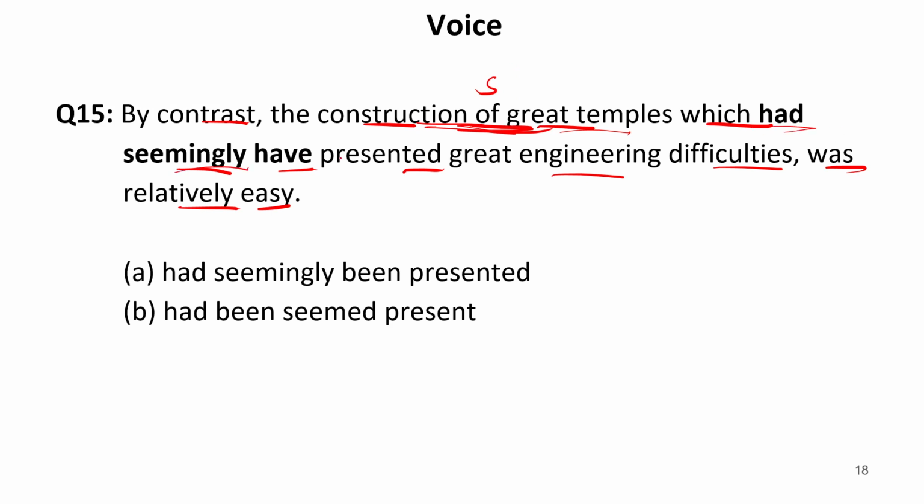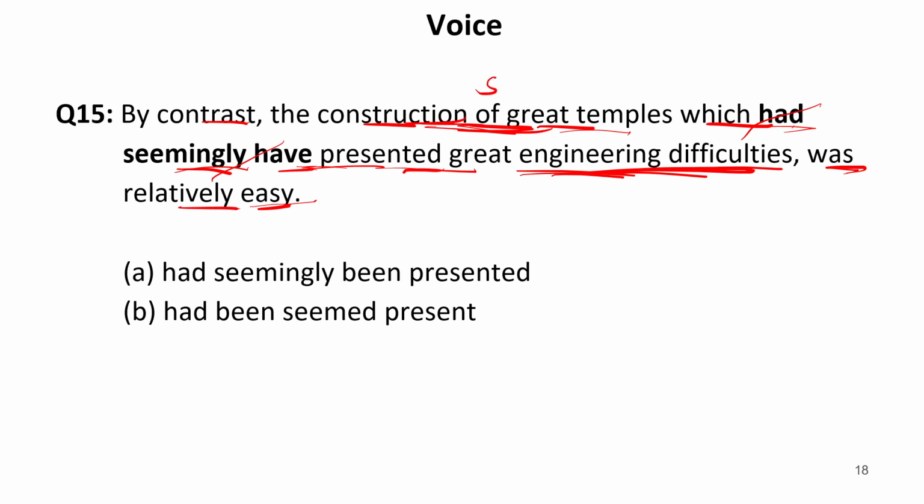Which had seemingly have presented great engineering difficulties was relatively easy. It means we are talking about this. This is the subject. Which had seemingly have presented. Now this structure is incorrect, that is had and have cannot come together. So this is incorrect. It means no correction required should not be the answer.